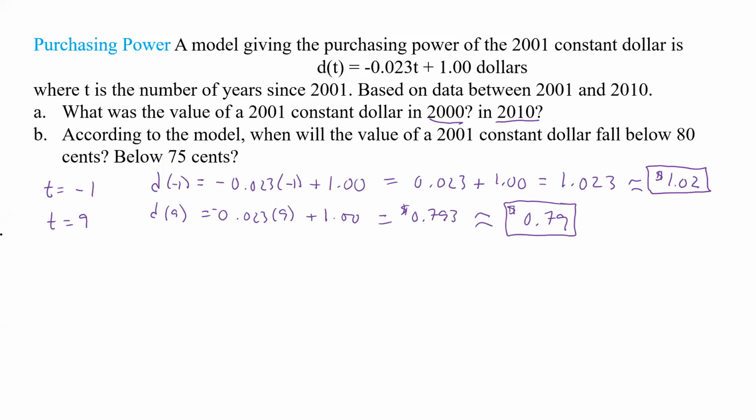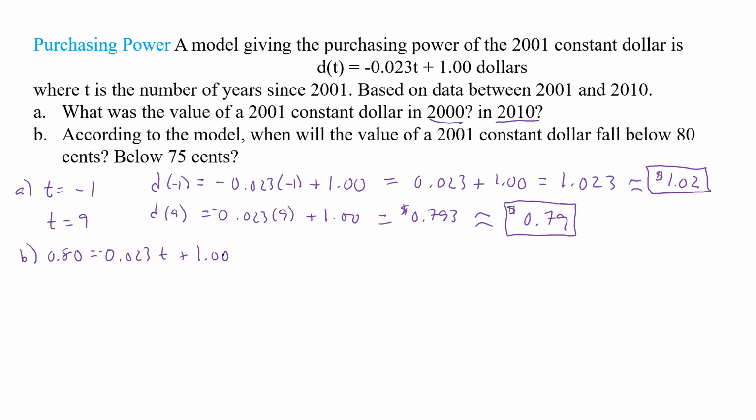All right, so what about B? Well, this was A. B says, according to the model, when will the value of a 2001 constant dollar fall below 80 cents and below 75 cents? Well, 80 cents is going to be basically what d of t is. So we want to say 0.80 equals negative 0.023t plus 1, in terms of dollars and cents.